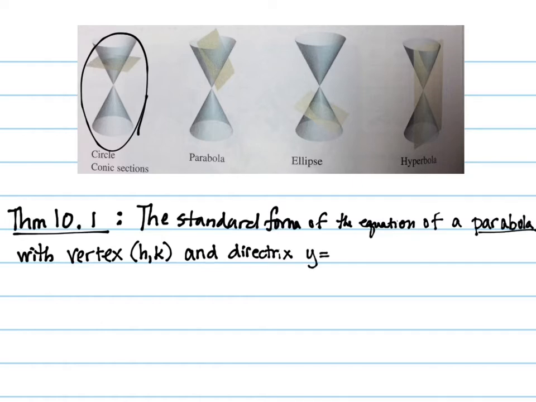The k's are the same thing in the vertex form and in the directrix form. And we'll talk about what p is in a moment too, is the following.